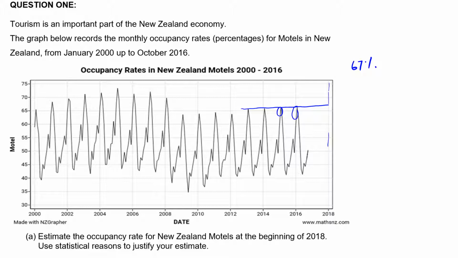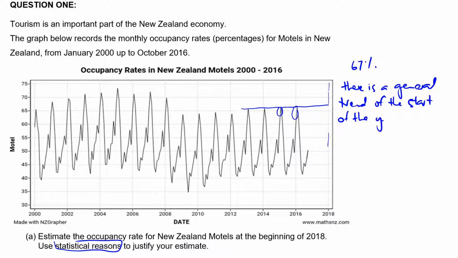Now what I'm trying to do with it, I'm trying to justify it with statistical reasons. So I'm just going to say, well, there is a general trend of the start of the year increasing over the past, probably since 2009, so that's past 7 years.